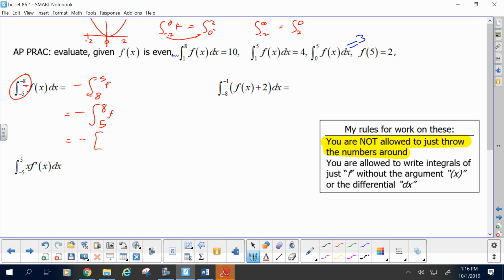You don't have 8 to 5. You have 1 to 8 and 1 to 5. So you could take 1 to 8 and subtract away 1 to 5. So this is the opposite of 10 minus 4. It is negative 6. Okay? Try the second one, please.